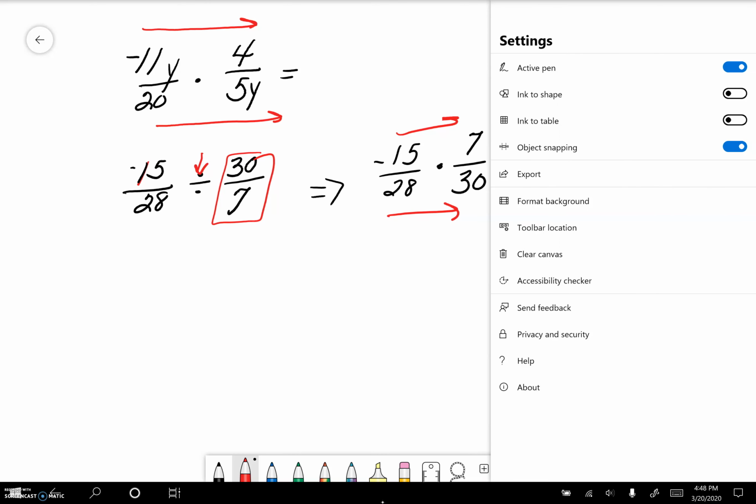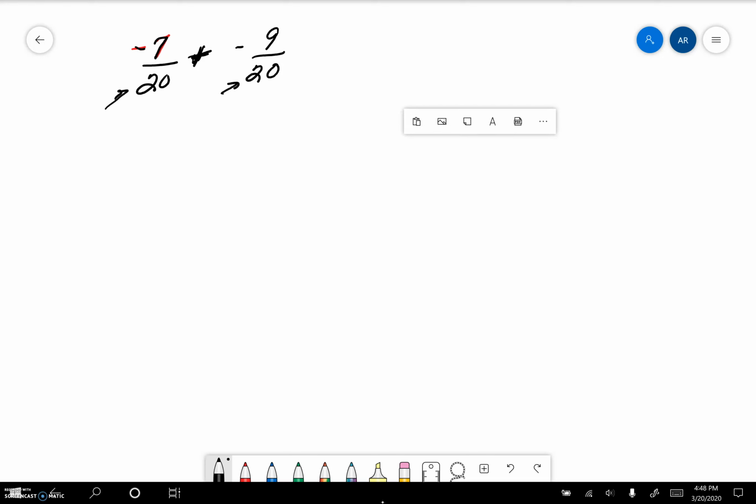However, when we go to fractions and we're adding or subtracting, for instance, when we did the problem similar to negative 7 over 20 plus negative 9 over 20, we had to first evaluate, are these the same? If they are, then there's no other work. All you have to do is rewrite it as one fraction, and then you can perform the operation.